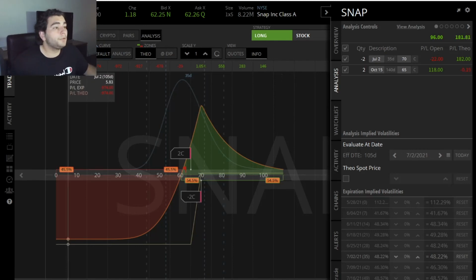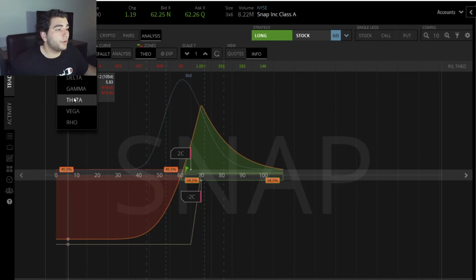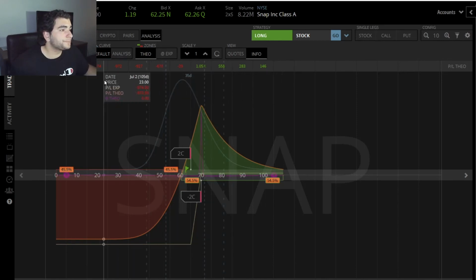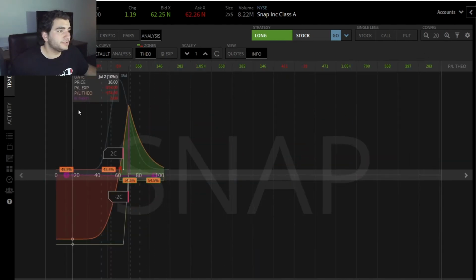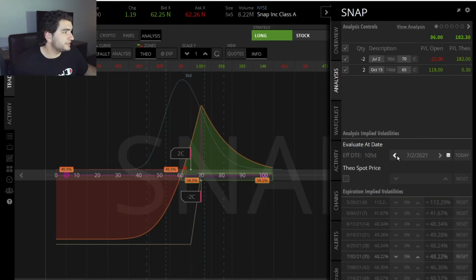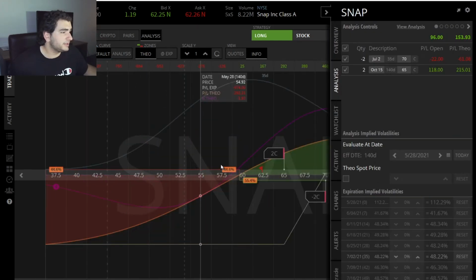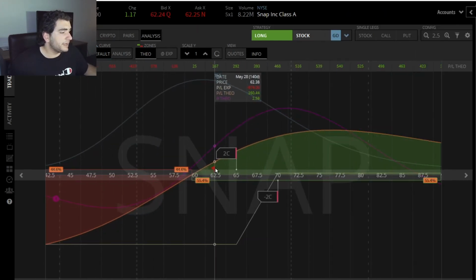Let me pull over here the theta overlay in the Greek P&L graph. You can overlay some Greek analysis on your risk profile. Let's see how that looks going back to today. As you see, this is where Snapchat is at right now, and our theta is about $2.50 a day.